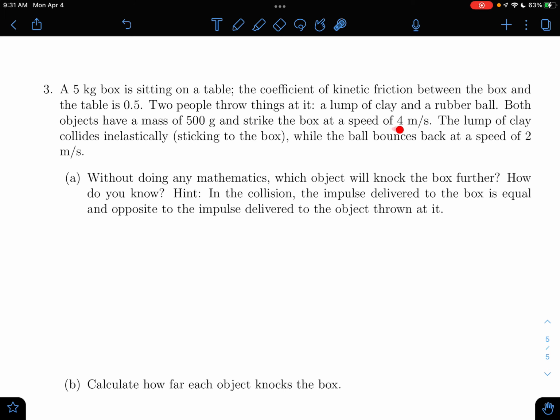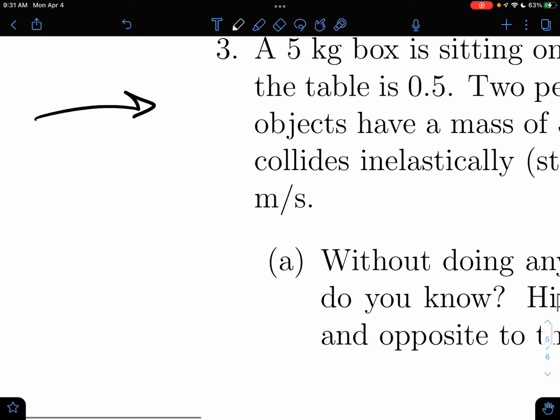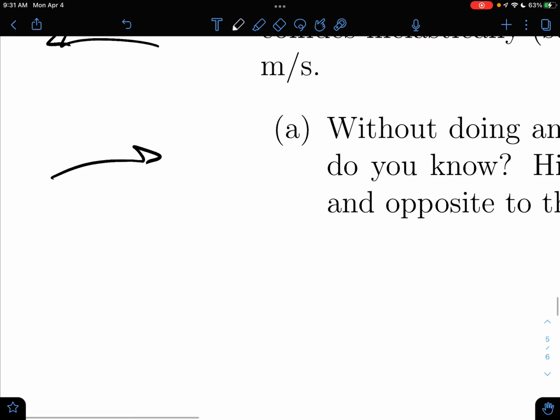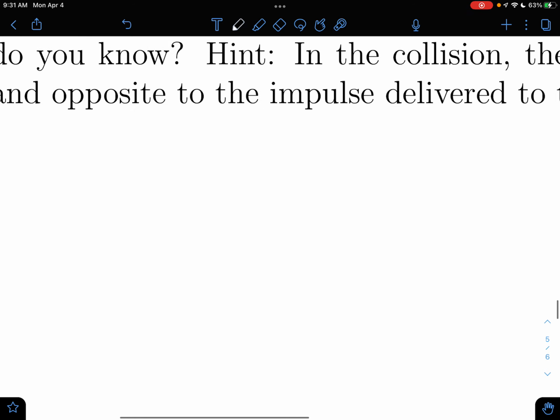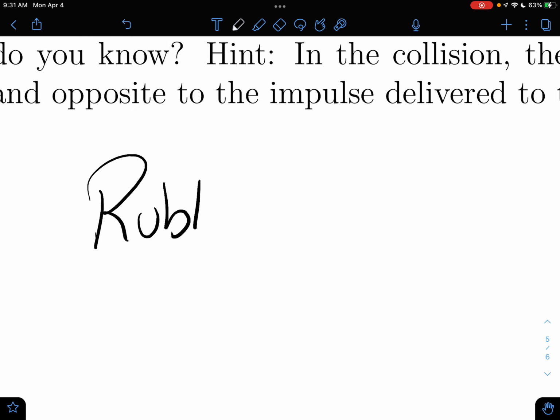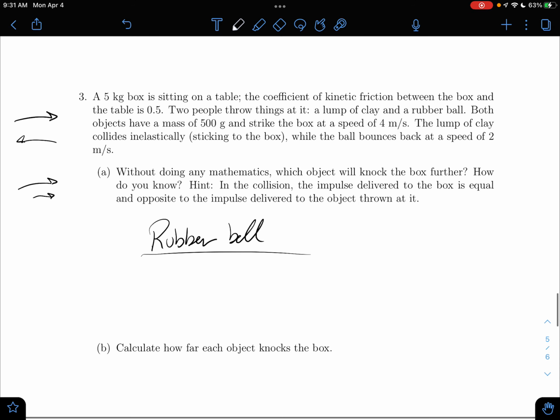The rubber ball is going to the right initially, and then it switches and goes to the left. That's a pretty big change in velocity. Our clay is going to the right, and then it's going to the right a little bit slower. That's a smaller change in velocity. So my hypothesis, and we'll prove it with some math, is that the rubber ball is going to push the box further. Okay?